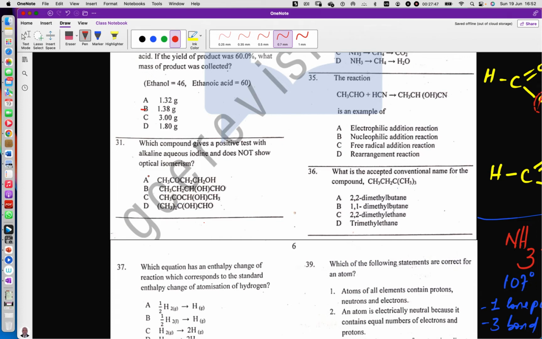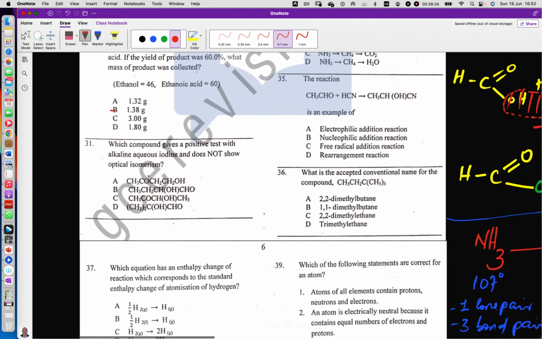So for a compound to give a positive test, that compound must have a methyl group that is attached to the carbon atom that has the functional group. Then again, for a compound to show optical isomerism, the compound must have a chiral carbon atom. A chiral carbon atom is a carbon atom that has 4 different functional groups.